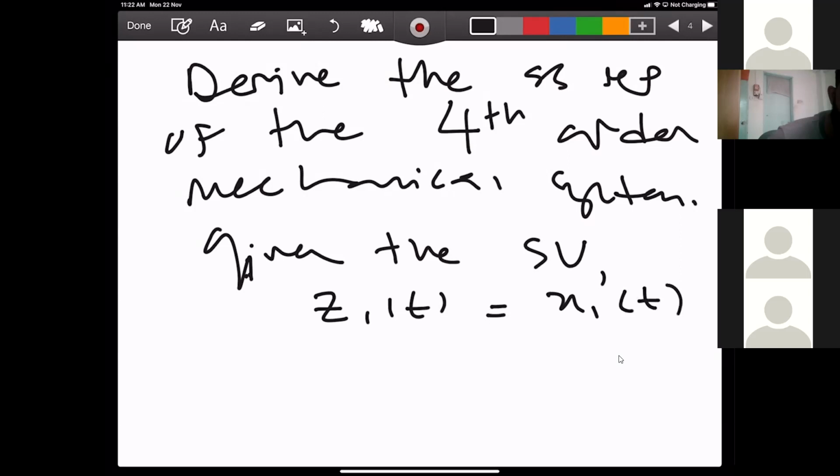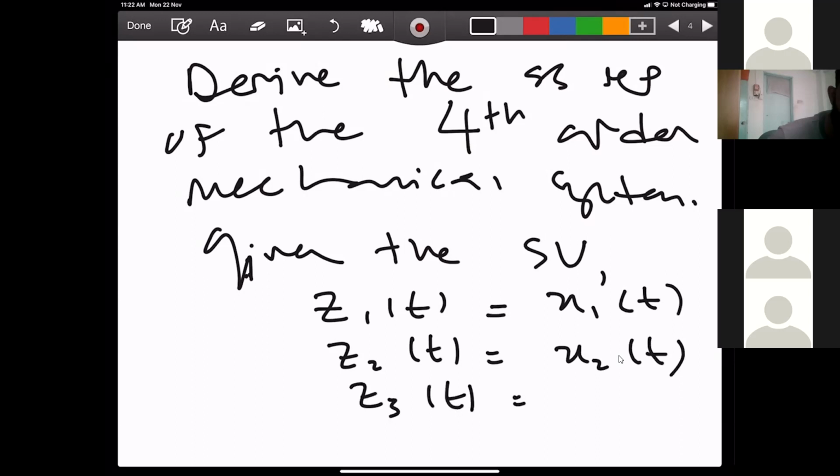So z1 is equal to the displacement x1, z2 is x2, z3 is x1 dot, and z4 is x2 dot.